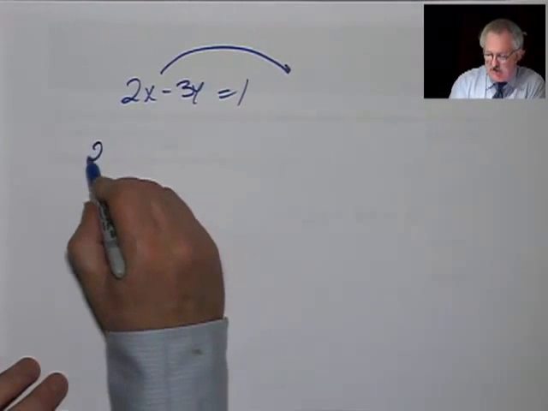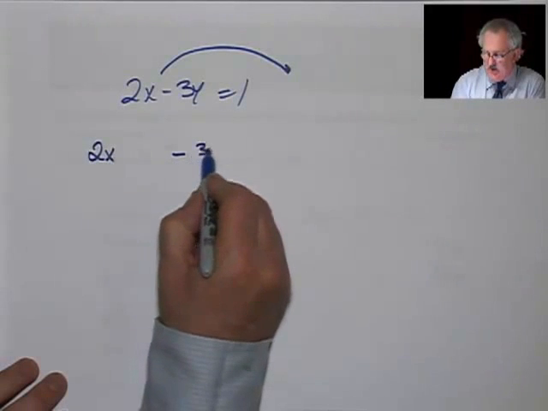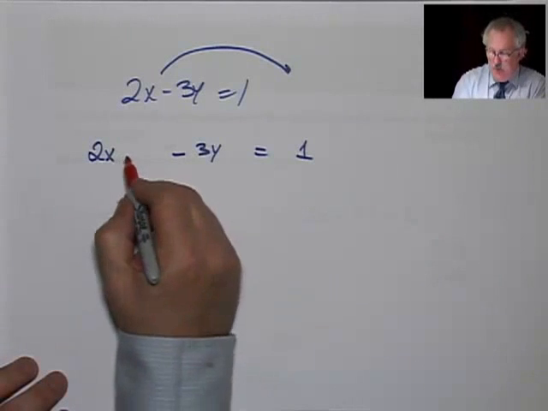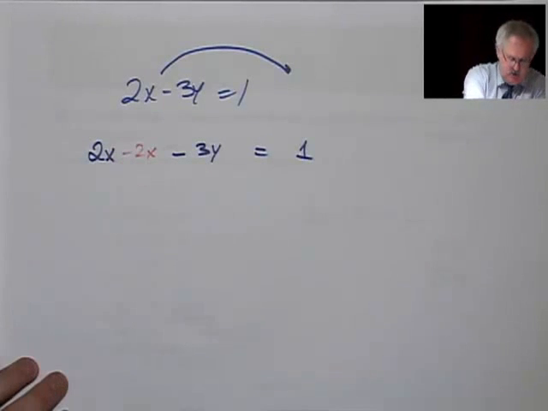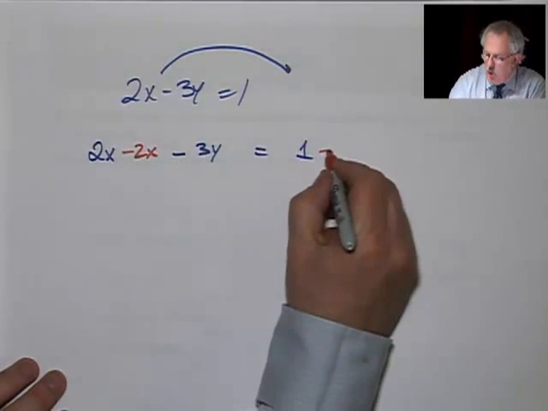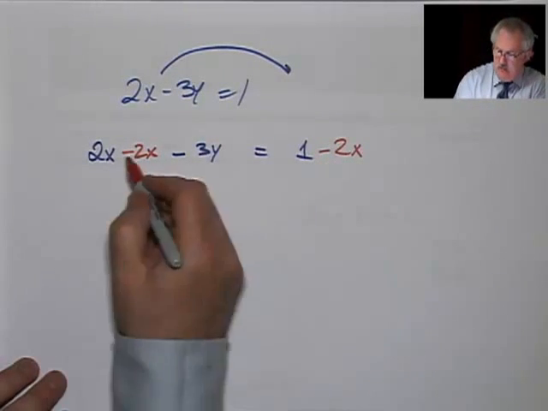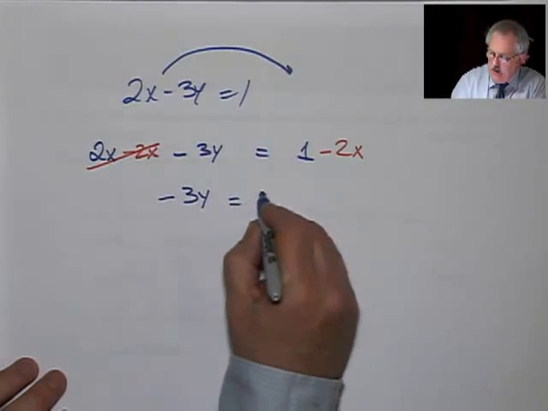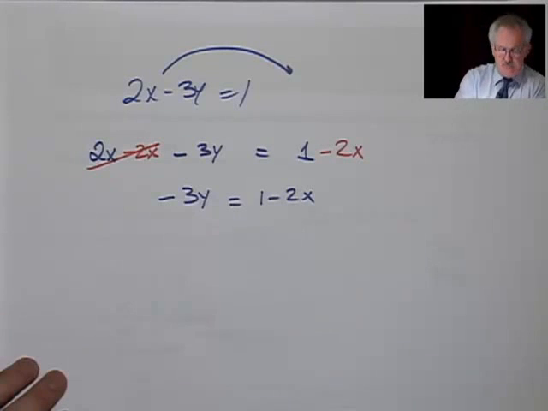If I don't like this plus x, I say 2x minus 3y is 1. And what gets rid of a plus? A minus. So I just take this and I say 2x minus 2x, 1 minus 2x. And they cancel. So the next line then becomes minus 3y is 1 minus 2x.